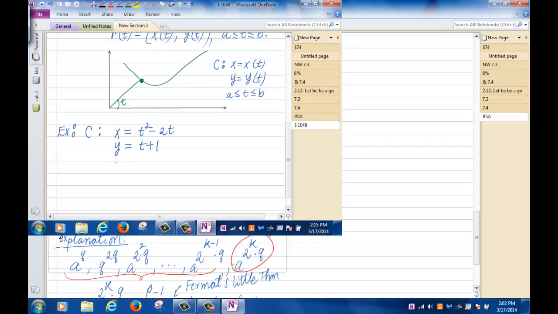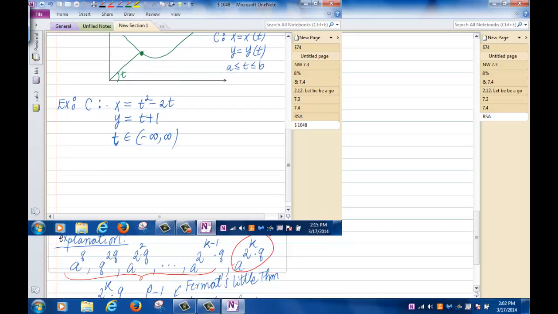Let's say in this case I am not going to restrict to a finite time interval. Let's say time here is negative infinity to positive infinity. If I want to think of this as the position of a moving object, then t equal to 0 would mean now, and positive values of t would mean future.